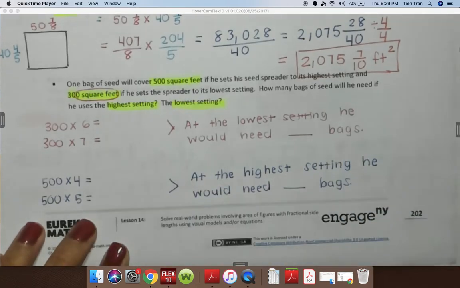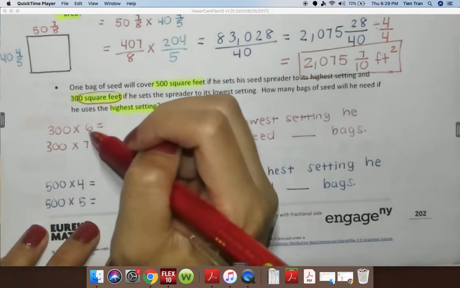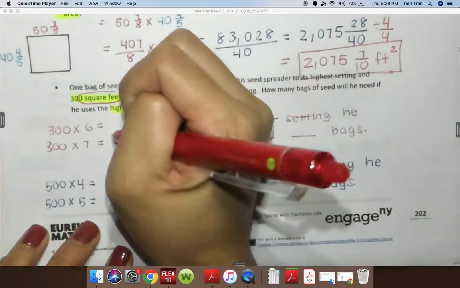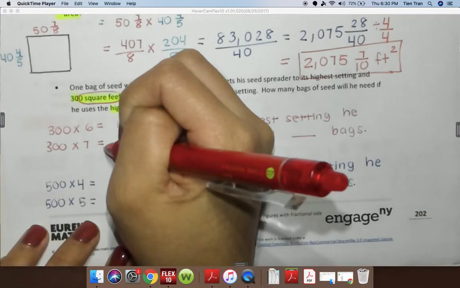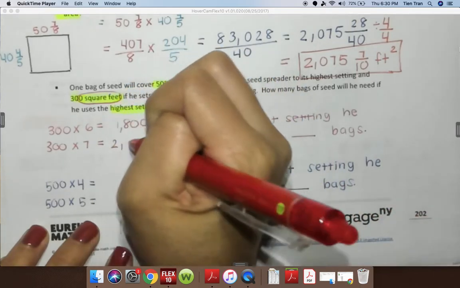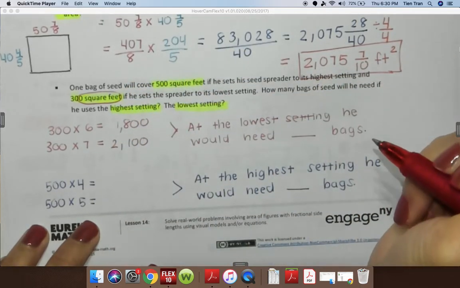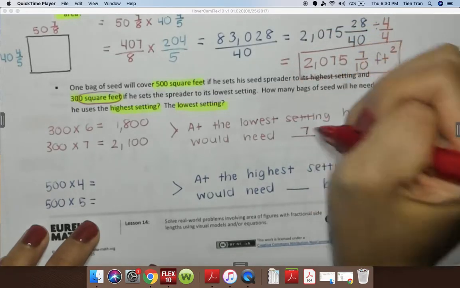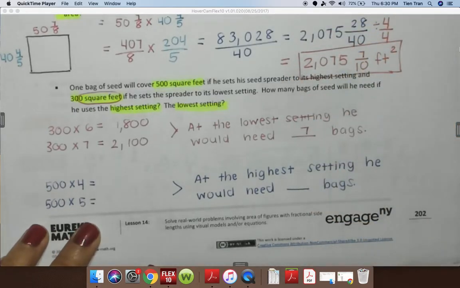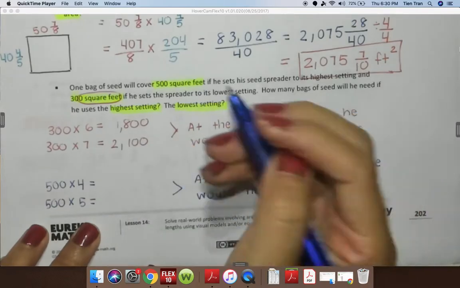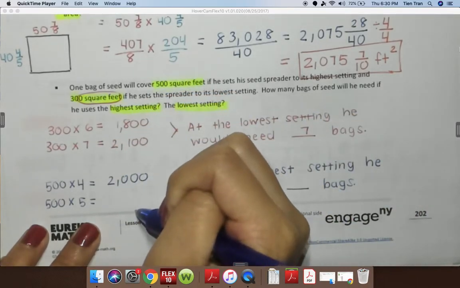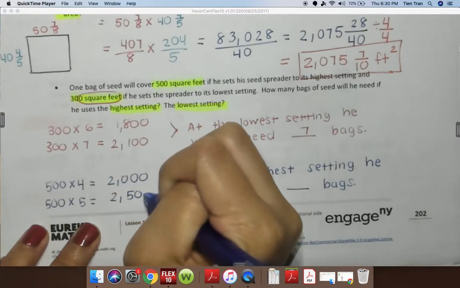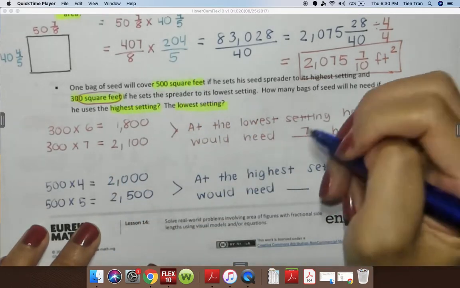So I'm going to multiply. 300 times 6 is equal to 1800, and 300 times 7 is equal to 2100. So at the lowest setting, he would need 7 bags. On the bottom, we have 500 times 4, which is equal to 2000, and 500 times 5, which is 2500. So at the highest setting, it would be at least 5 bags.